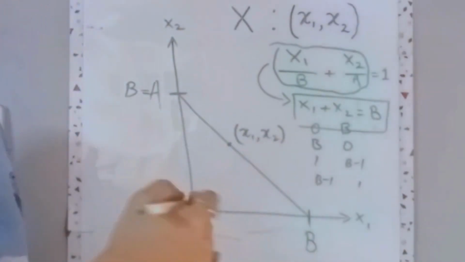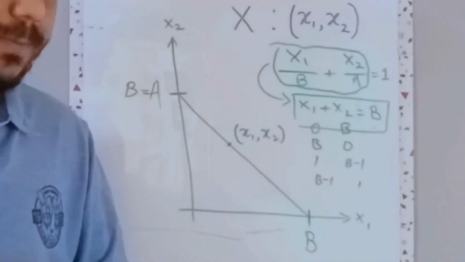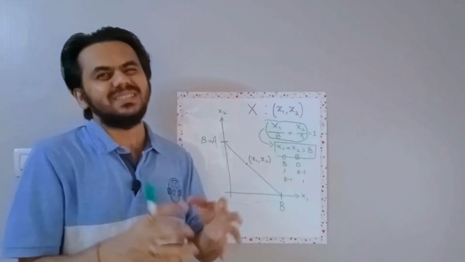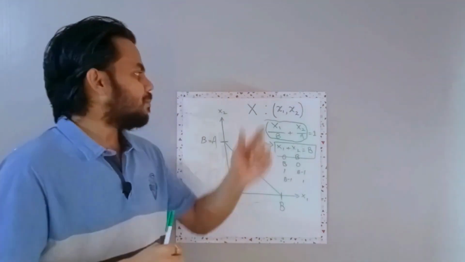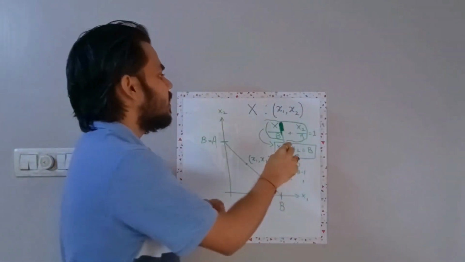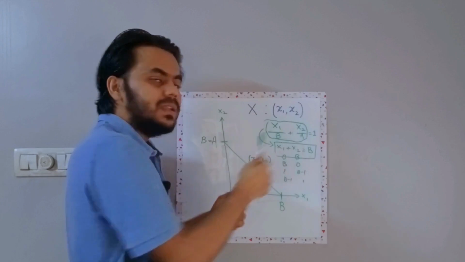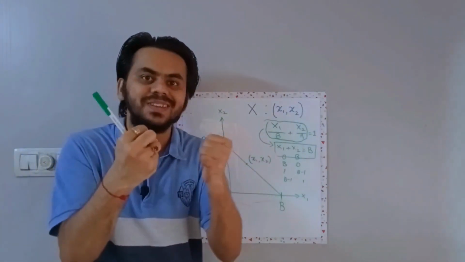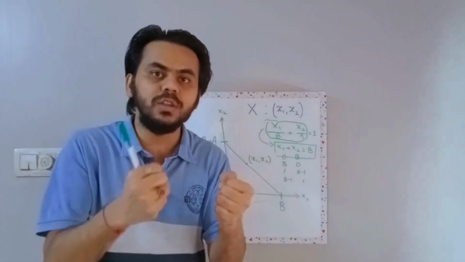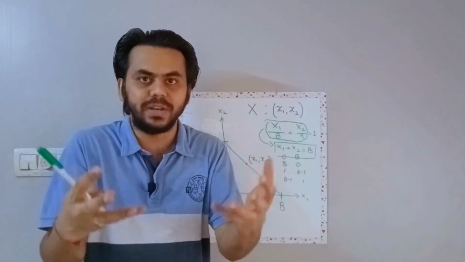So let's say there is a pen which helps you write more, but it has a higher price. So maybe you will have some kind of relationship between x1 and x2, pen A and pen B, but that will be a fixed relation. They are both substitutes for you because they do the same job of writing.